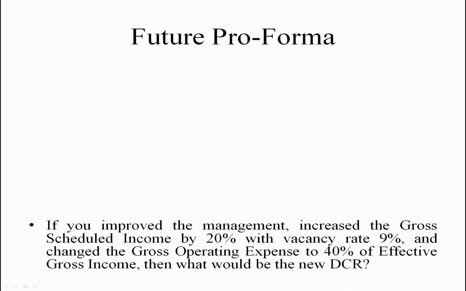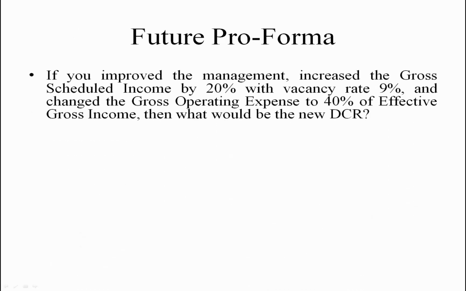Future pro-forma. If you improve the management, increase the gross scheduled income by 20% with vacancy rate 9%, and change the gross operating expense to 40% of effective gross income, then what would be the new debt coverage ratio? What would be your new net cash flow per year?